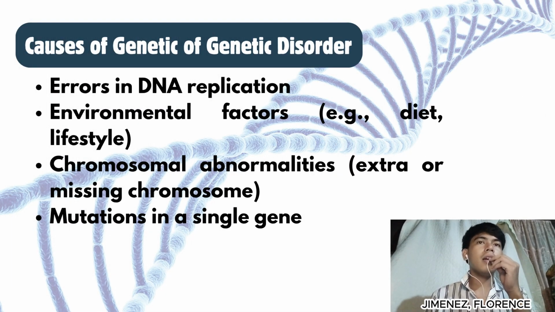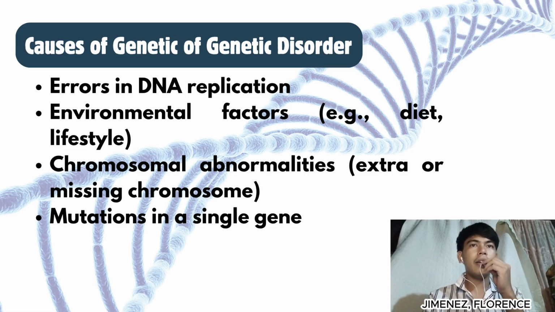There are several factors or causes of why genetic disorders occur. First is errors in DNA replication. Mistakes during DNA replication can change the genetic code, leading to mutations that disrupt normal protein function.